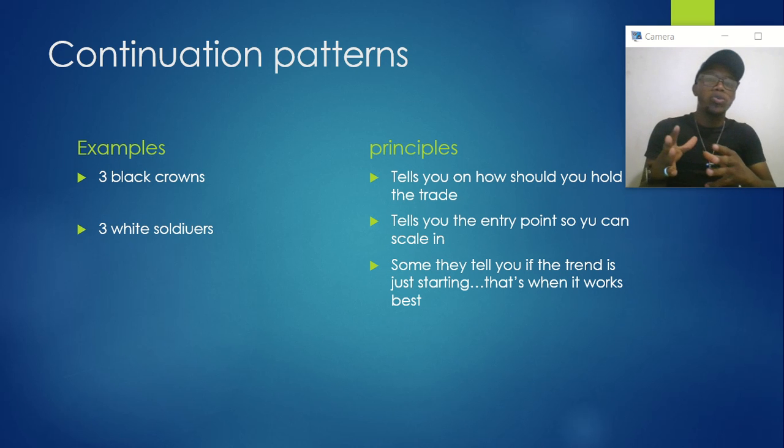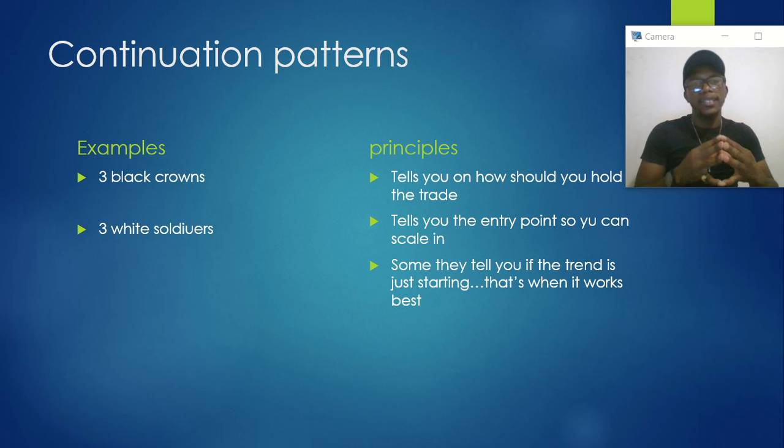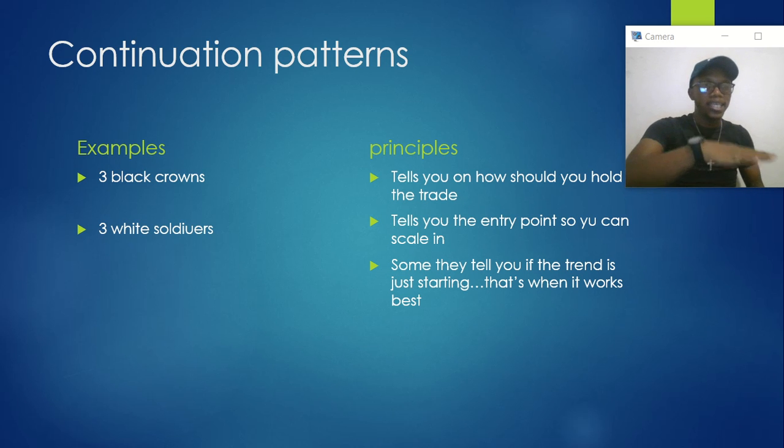The principles governing these 2 examples of continuation patterns, I'm talking about candlesticks, tell you how you should hold the trade, or they tell you the entry point so you can scale in. Some tell you if the trend is starting, that's when it works best, when you are able to detect that the trend is still at the beginning. That's the best you can ever do.